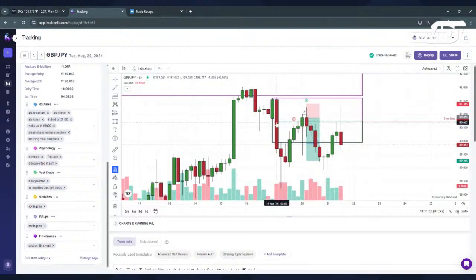And the fact that this was also a two-sided fair value gap, so we had a green candle, red candle, as opposed to a one-sided, a more high probable setup, which is here, which actually violated too.